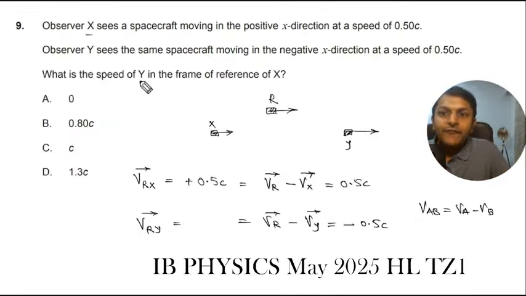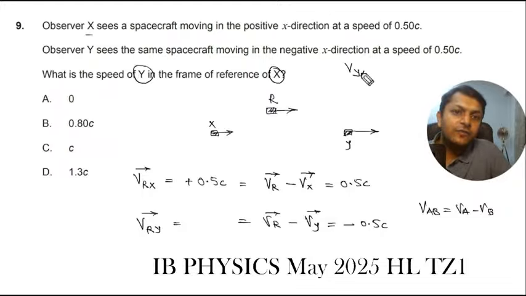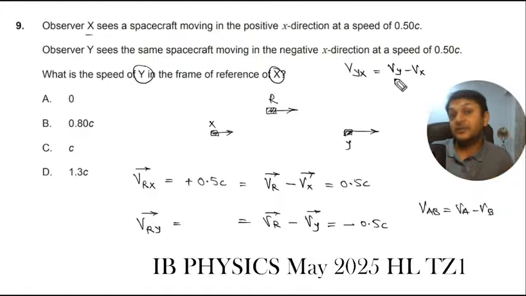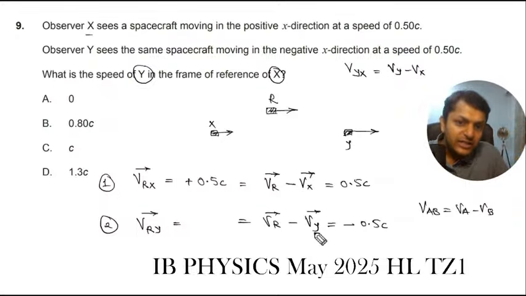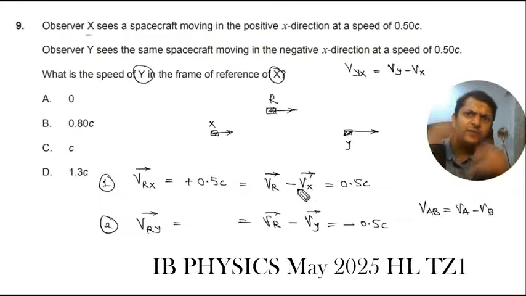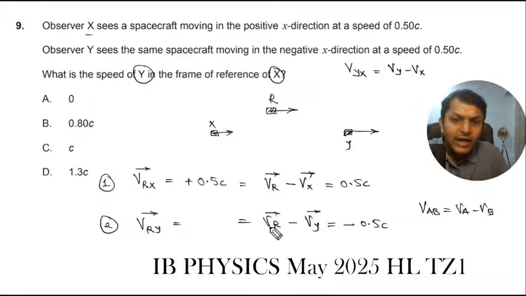You want to find the speed of Y with respect to X, so you are looking for the expression Vy minus Vx, and you have two equations in front of you. Vy is here and Vx is here. Clearly one has to be made positive and the other negative, and then we can add these two and things become easier. So I can multiply one equation by a negative and then add it.